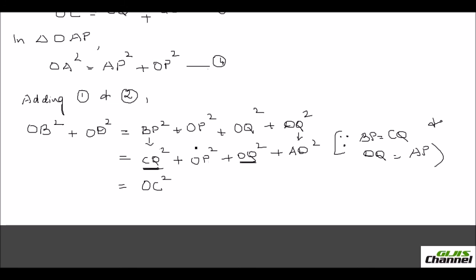Likewise, if I add this OP square plus AP square, it becomes OA square, right? Yeah, that is what we need to prove: OB square plus OD square equals OA square plus OC square. So this is what we were asked to prove, and hence it has been proved.